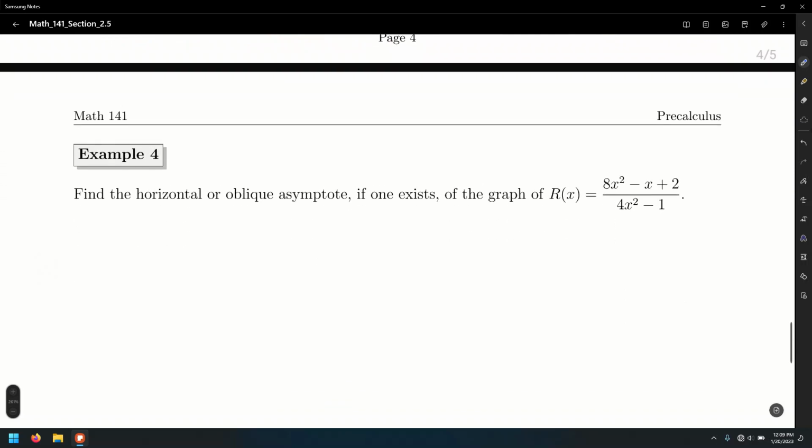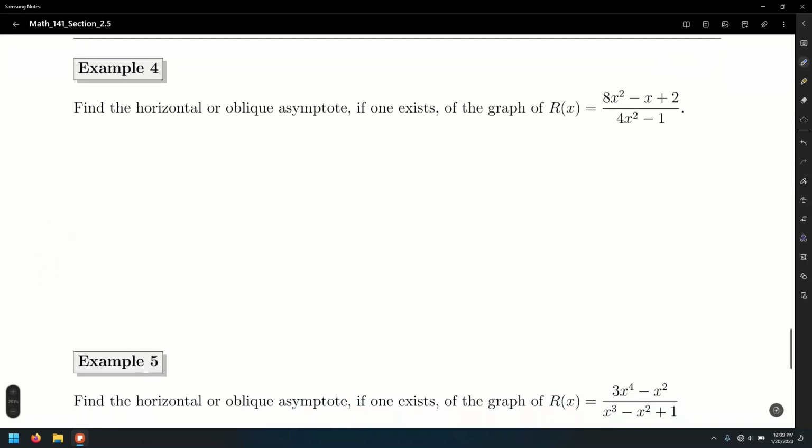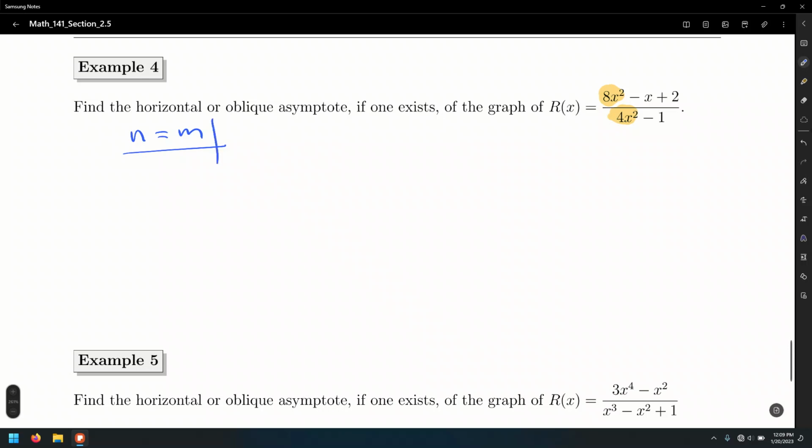Another example: find the horizontal or oblique asymptote if one exists for the graph r of x equals 8x squared minus x plus 2 divided by 4x squared minus 1. Well, in this case, by focusing only on the leading terms in the numerator and denominator, and ignoring everything else, notice that the degree in the numerator is exactly equal to the degree in the denominator.